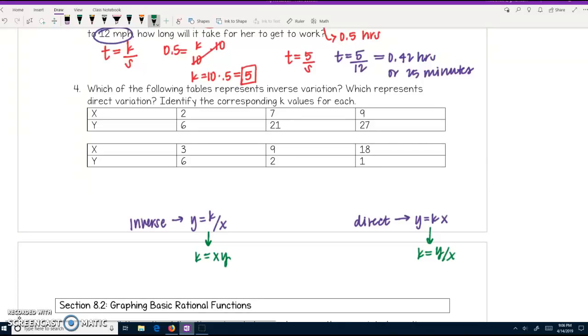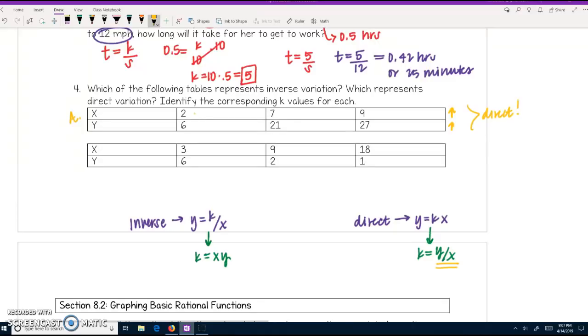Now, if I take a look at these two tables, I want to monitor what's going on with the trends. So for this first table, let's call this table A, my x values appear to be increasing, and then my y values also appear to be increasing. So this looks like a direct relationship, because as one thing is going up, so is the other thing that's involved. So what I need to check is if I think it's direct, if I divide each of my y's by each of my x's, does that relationship hold constant?